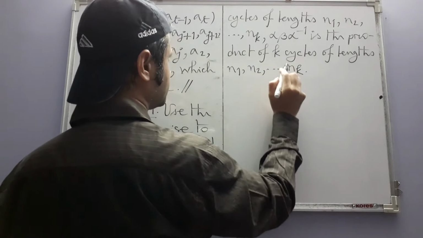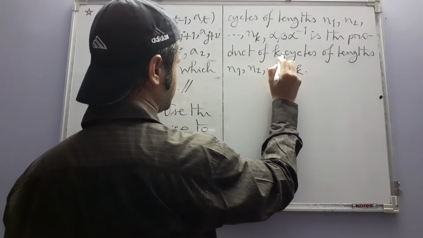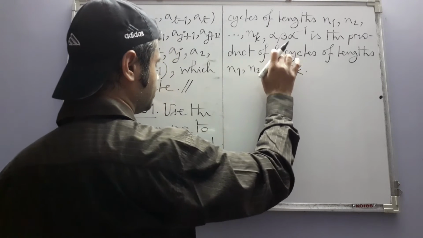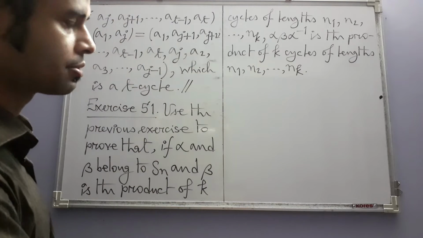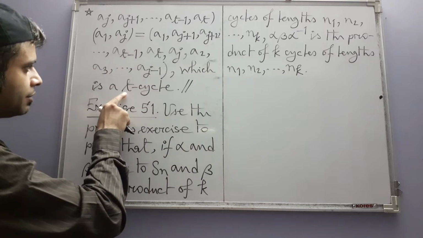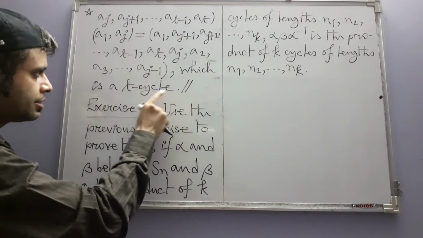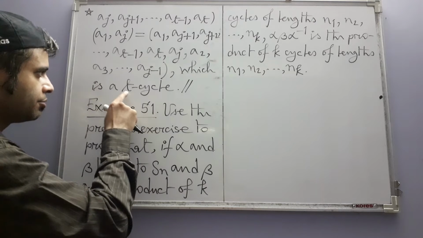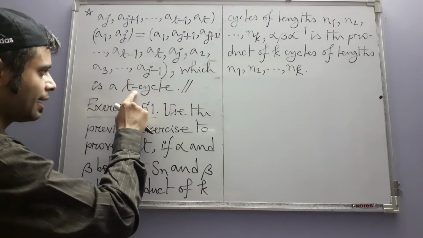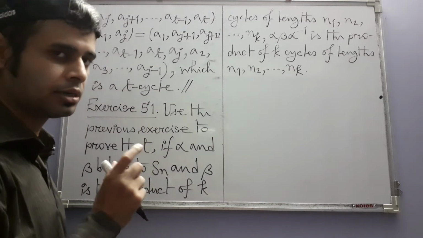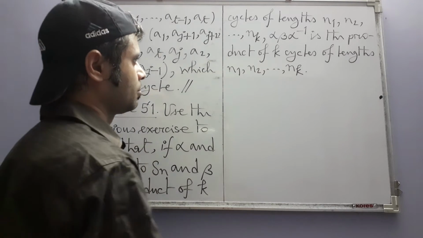In the text there is a hyphen between k and cycles, but I think it's a mistake because that means something else. For example, here we have written t cycle. T cycle does not mean t number of cycles. If you write t hyphen cycle, that just means that this is the length of the cycle that you are mentioning. Okay.